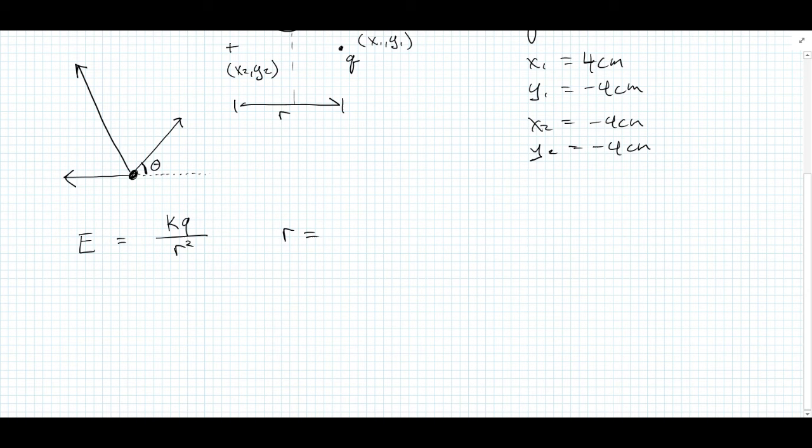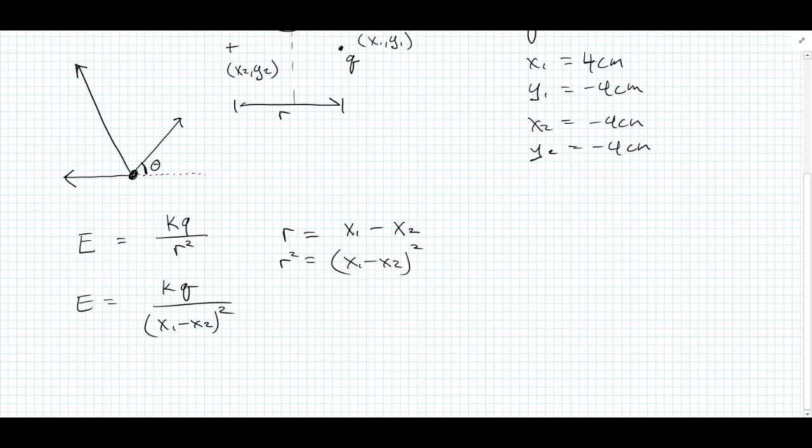And so that distance is just going to be the x position of the charge minus the x position of my observation point. Right, so in the example that I have, this is going to be 4 centimeters minus negative 4 centimeters, which will give me 8 centimeters. And I need that squared, so r squared is going to be x1 minus x2 quantity squared. I'm given what the charge is, so the electric field strength is just going to be kq over x1 minus x2 quantity squared.